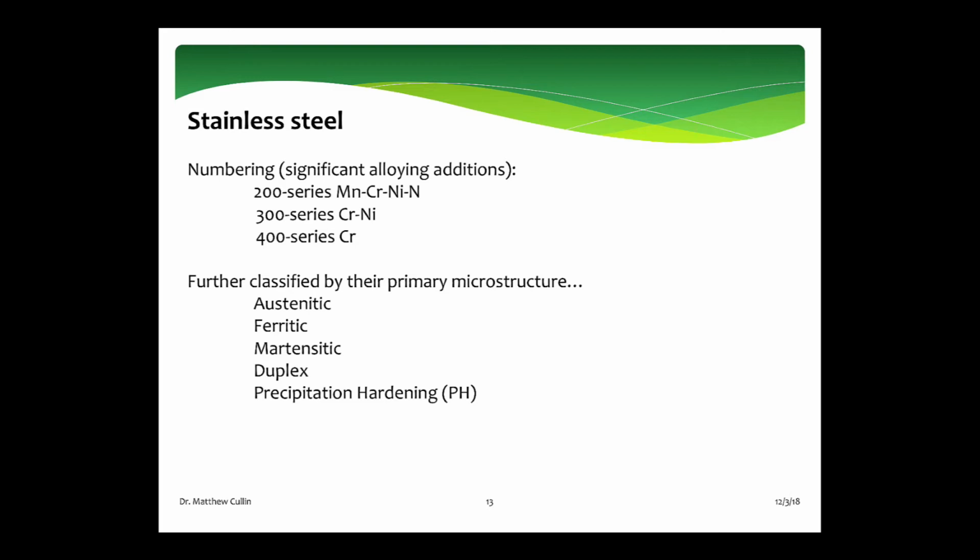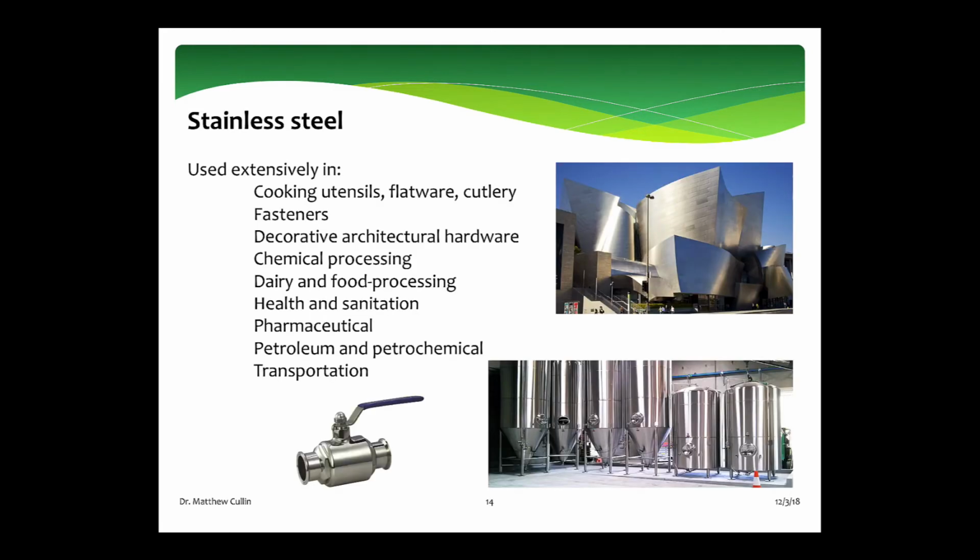You can have a martensitic stainless steel that also precipitation hardens. So we can combine them, but those are the general classes of stainless steels that you'll see. As a rule, if you see pH anywhere in the designation, just remember that stands for precipitation hardening. These tend to be pretty high strength. They tend to be expensive. So if you see the pH, you're going to pay for it.